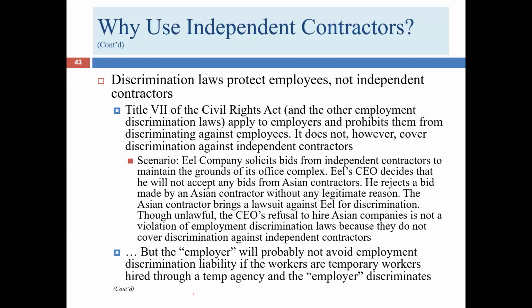Okay, so let's talk about a related concept, and we'll talk about this in more depth in later modules, but I want to touch on it now. Sometimes employers will hire people through temporary agencies, and there's lots of different ways that this happens, but one way it happens is that an employer might say, I want to use a placement service.